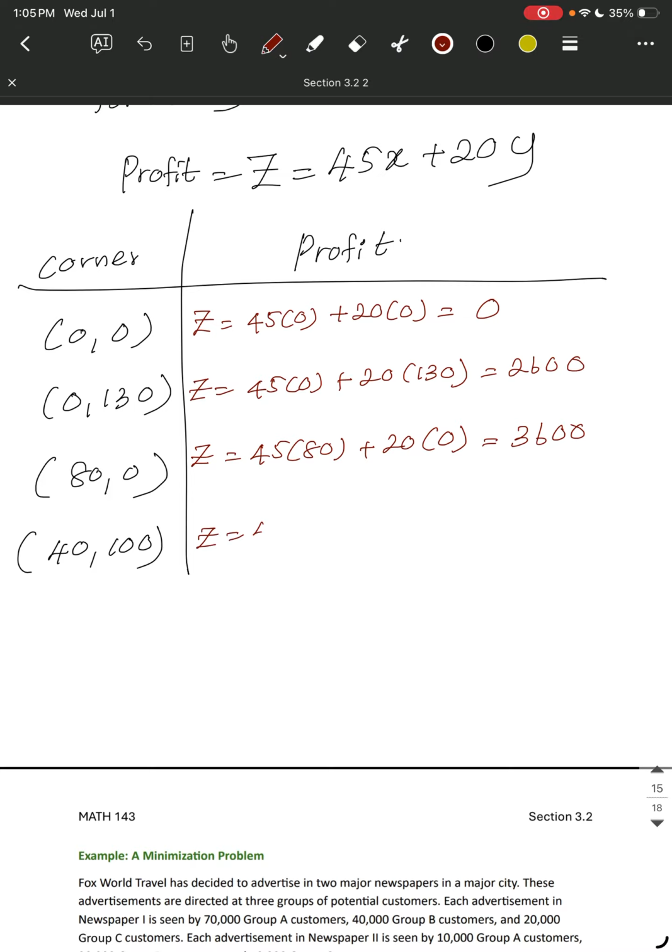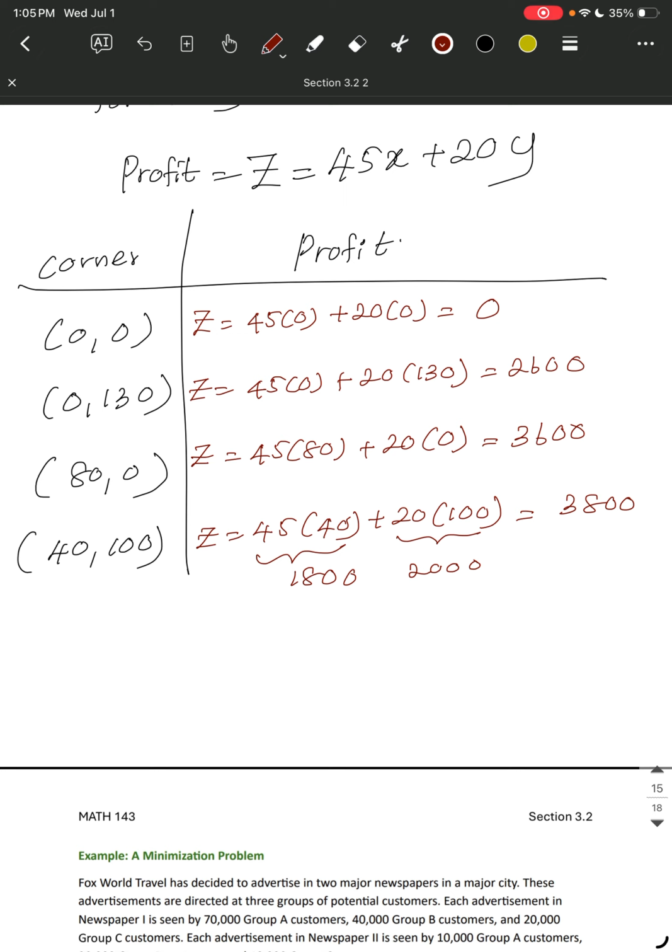When x equals 40 and y equals 100, 45 times 40 is 1800 and 20 times 100 is 2000, so the total is 3800. Whichever value is the largest, that is the optimal solution.